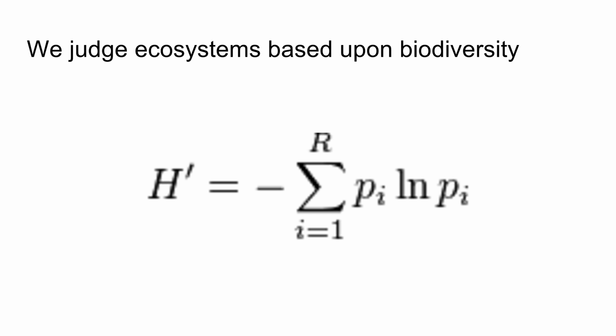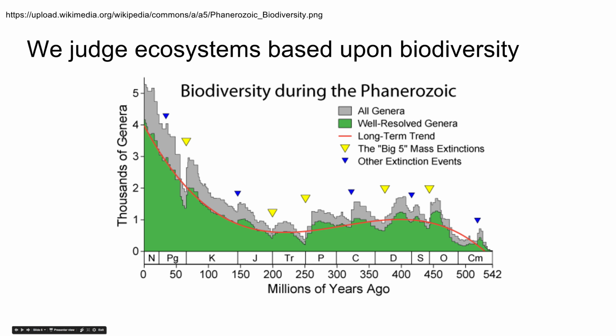So if I have a population or an ecosystem with only one type of organism, this entire sum becomes 0, which means anything else is going to be bigger than 0. So the closer I make this particular index to 0, the less diverse it is. The further away I get from 0, the more diverse that particular ecosystem turns out to be.